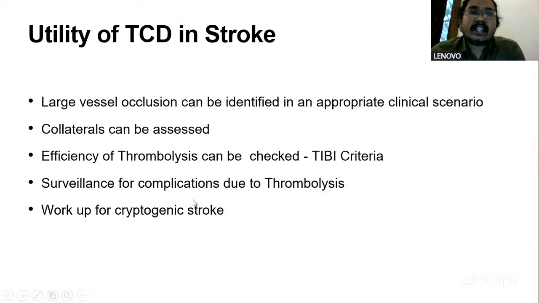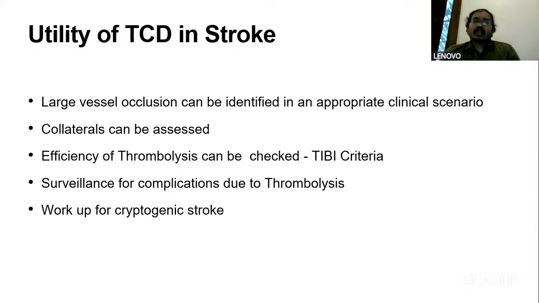So whenever there is a stroke, many times we can get large vessel occlusions diagnosed in the ultrasound, but the standard of care is CT angio or MR angio. Then we can assess collaterals. We can also see whether the thrombolysis has worked or not. So we have a criteria called TIBI criteria, and also we can look for complications of thrombolysis.